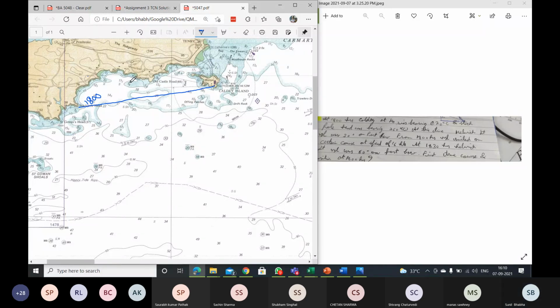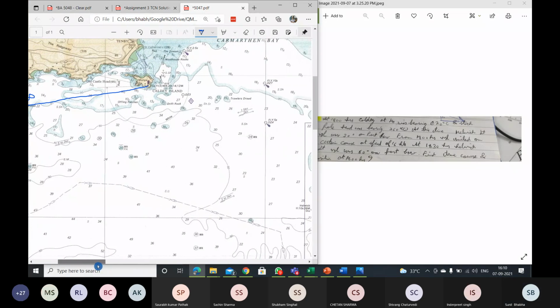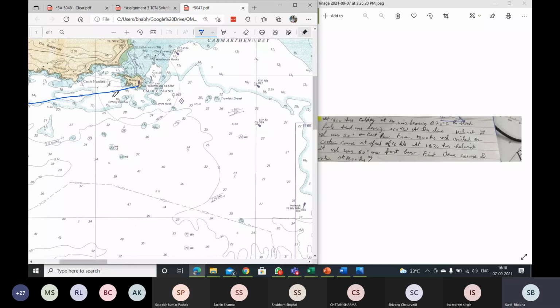Okay. Now the vessel is somewhere on this line. It could be anywhere. We don't know where it is. We have to find that. And what we know is the vessel is somewhere on this line. Right, beta? What I do now is I pick up any arbitrary point on this line. I'm making a rough diagram as of now.